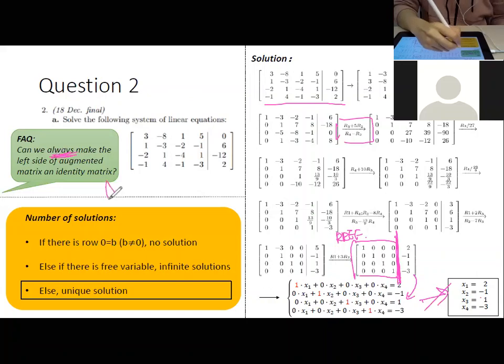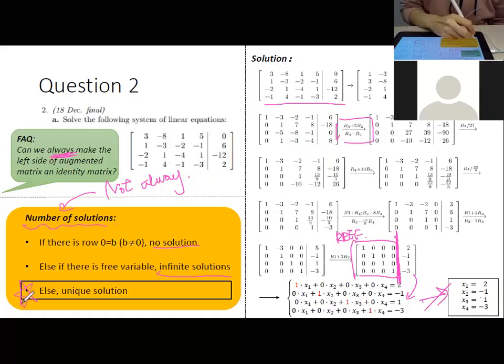The answer is not always. Now please focus on the number of solutions. I said before there are 3 cases. The first case is no solution, and the second case is infinite solutions. I will talk about these 2 cases on the next page. Now we focus on the third case, which is a unique solution. You can see for question 1 and question 2a, we have unique solutions.